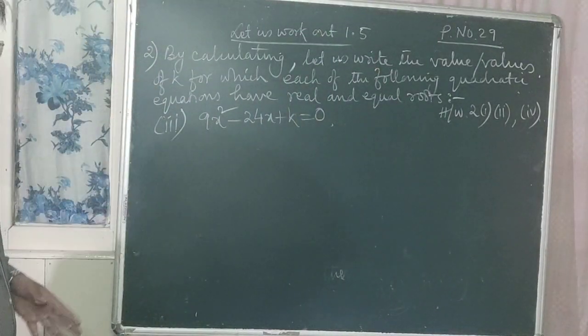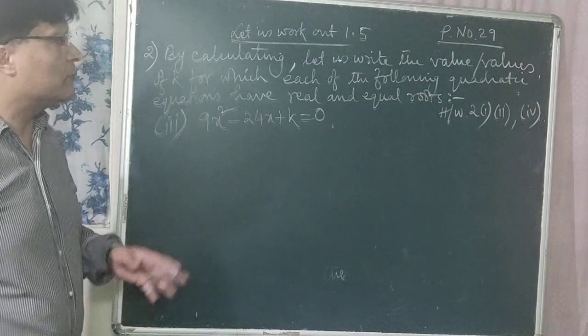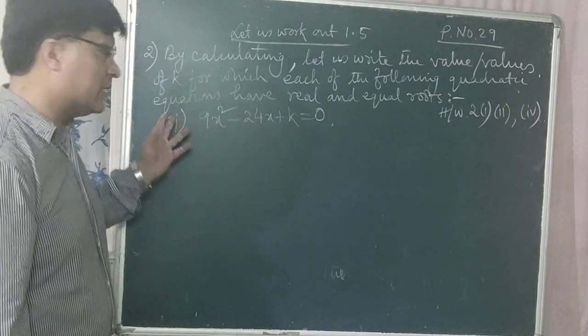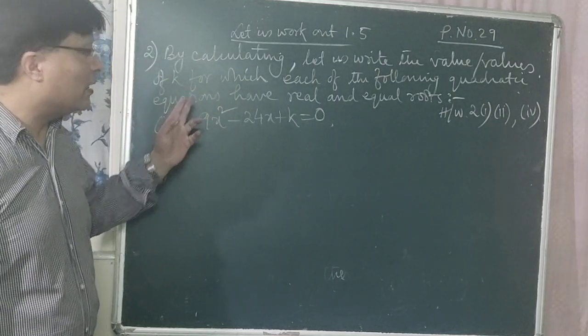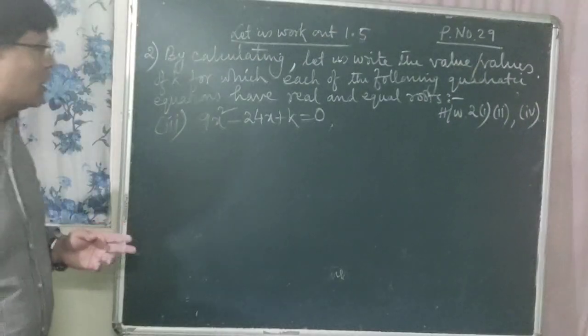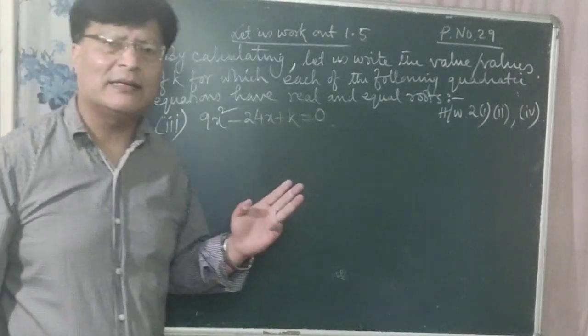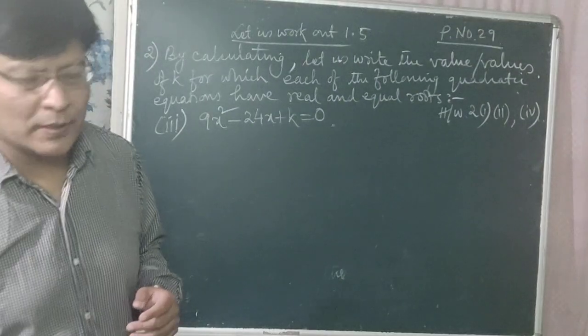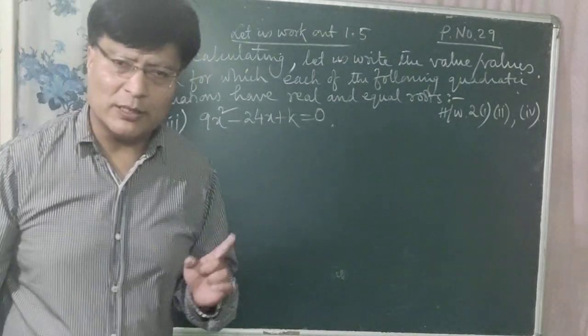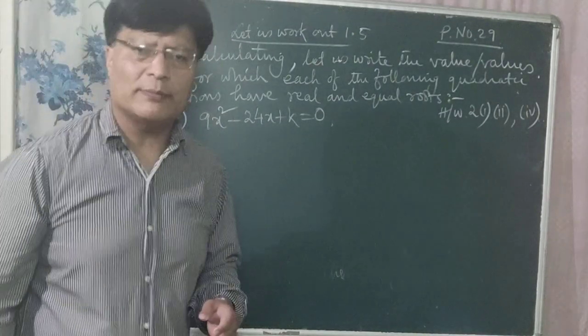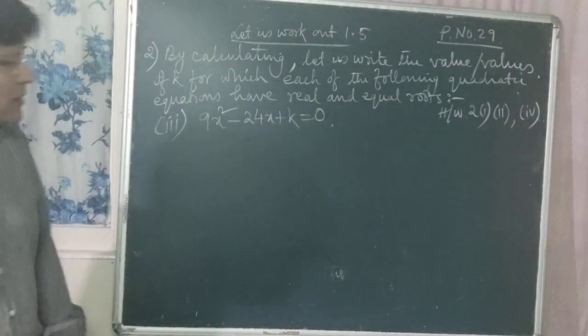In this problem, you have to get the value or values of k for which each of the following quadratic equations have real and equal roots. A quadratic equation has real and equal roots when the discriminant, that is b square minus 4ac, is equal to 0, right?